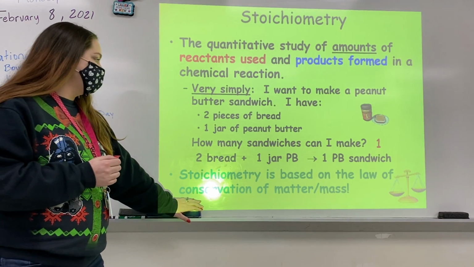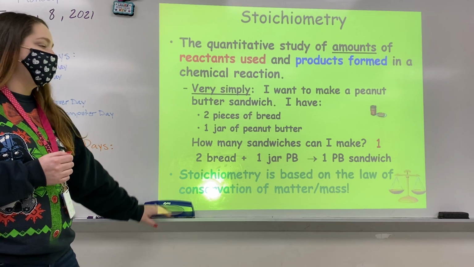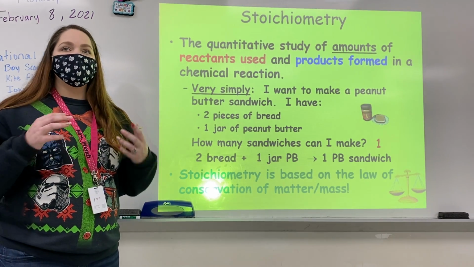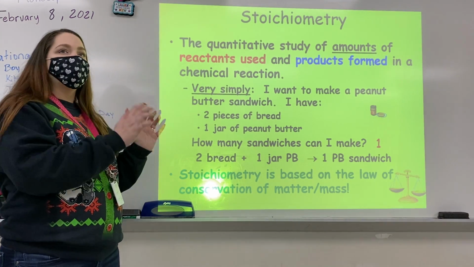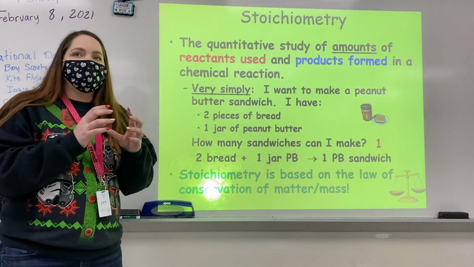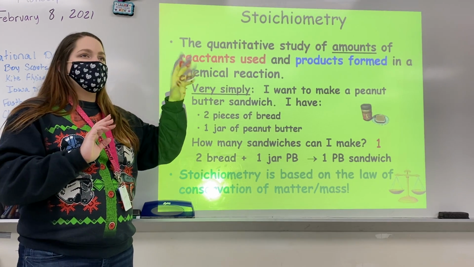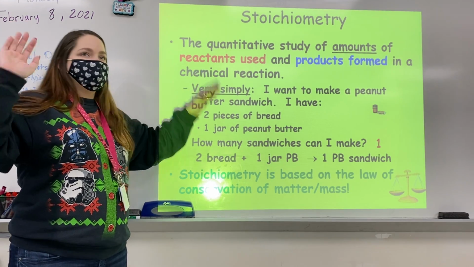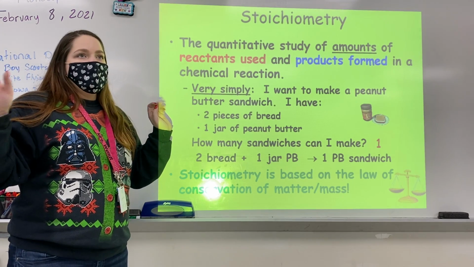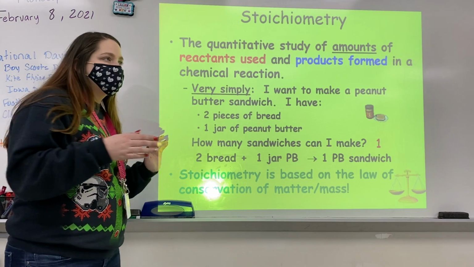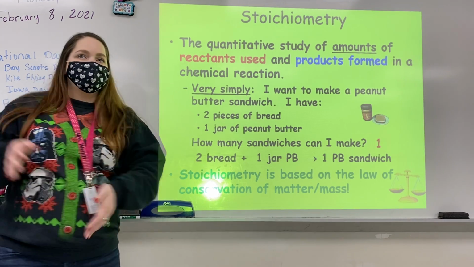So, stoichiometry is based on the law of conservation of matter or mass. So remember, we cannot make something from nothing. Whatever our reactants were, they just rearranged themselves and made our products. So we have to have the same amount of our reactants as we do our product. It has to be balanced on both sides. So we have to have a balanced chemical equation in order to figure out how to convert from one substance to the other.